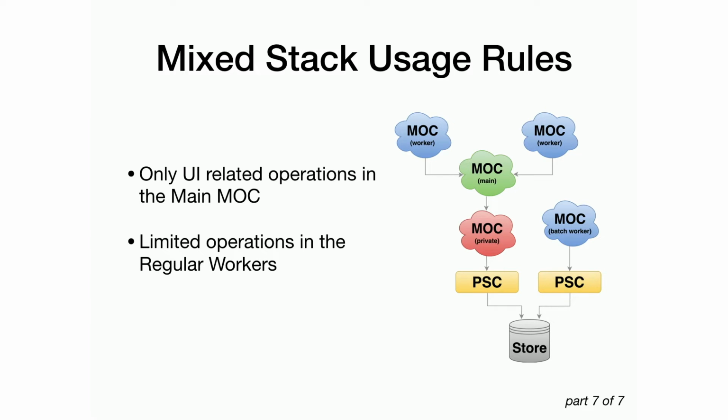Regarding background operations, use general workers, the ones connected to the main context, only for operations when you can guarantee a single access to the data store, or when you really need some instant synchronization between the workers and the main context. And all the rest should go to the batch workers.